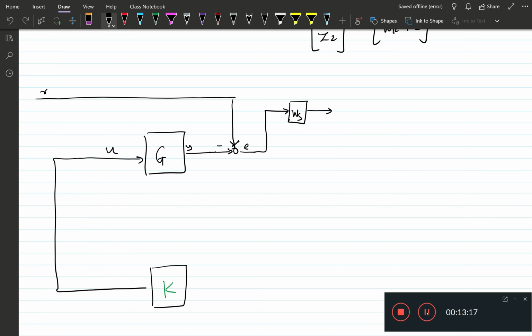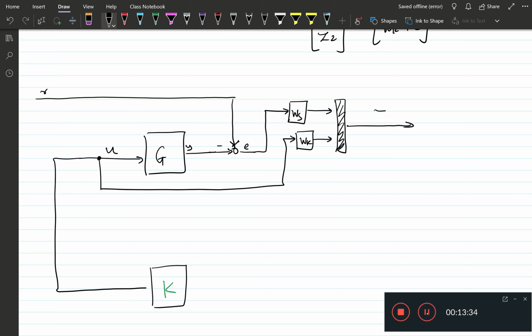This would be u, this would be the performance channel z, and the controller measures the error e, so that goes to the controller.